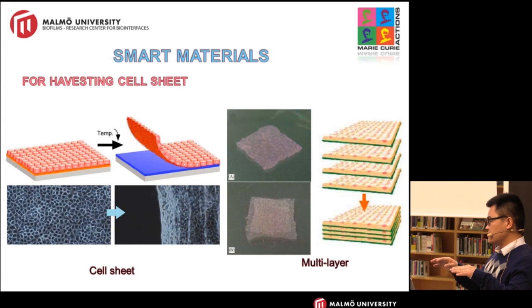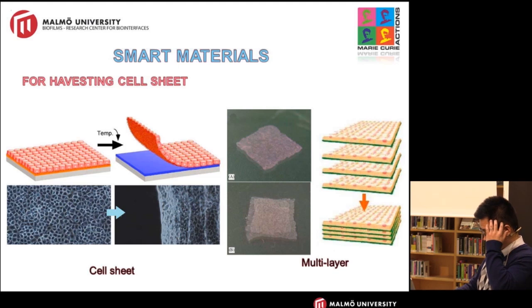This is the intact cell sheet, and also they are alive. The cell and cell interaction is similar to our tissues, so we can use this layer or multi-layer cell sheet for some tissue organ repair.